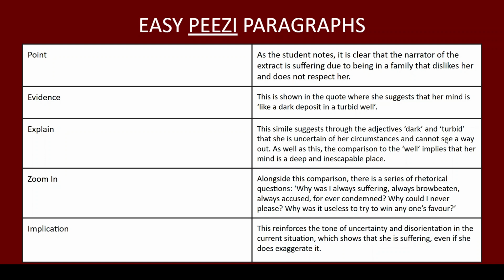So this is how I'd write this. I know it's in a table, but this is how you would also write it if it was a paragraph. So our point is our topic statement pretty much, and we are focusing straight on the question. As the student notes, it is clear, being a critical evaluation, that the narrator of the extract is suffering due to being in a family that dislikes her and does not respect her.